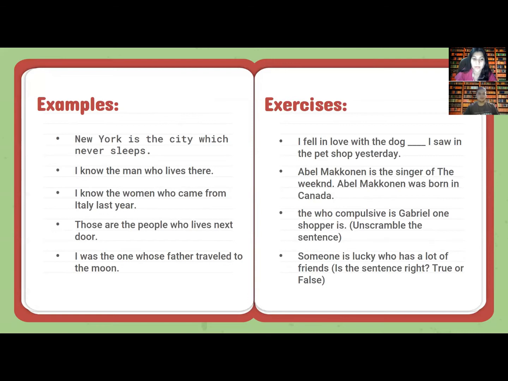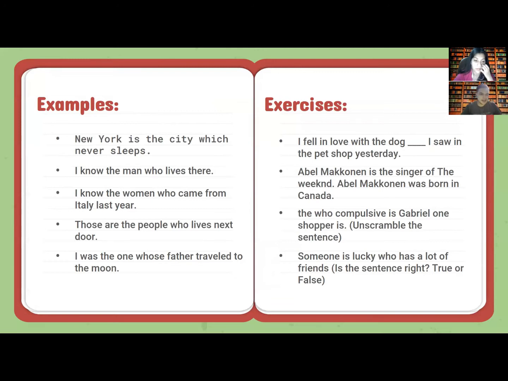In this example, we have New York is the city which never sleeps. So we are using the adjective clause to identify or describe the city of New York. An adjective clause works in the same way as normal adjectives. We use it to describe a noun.